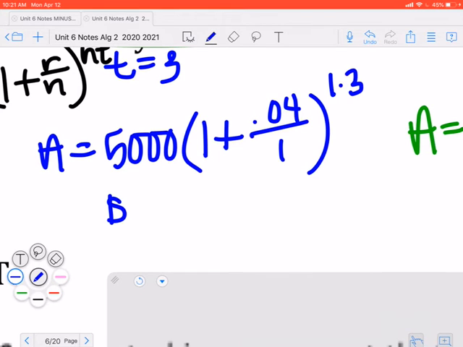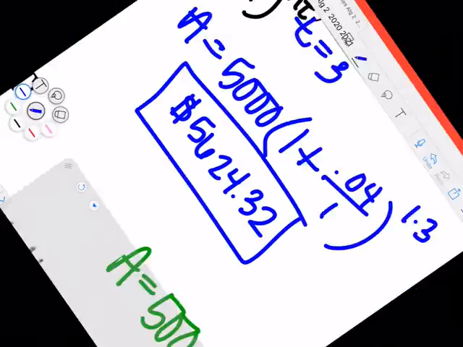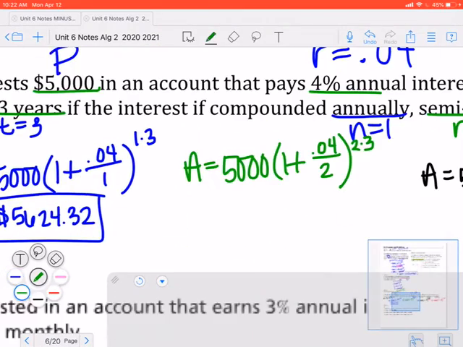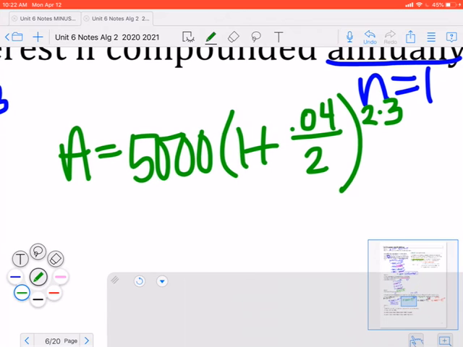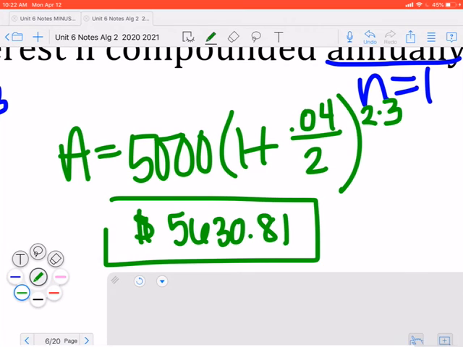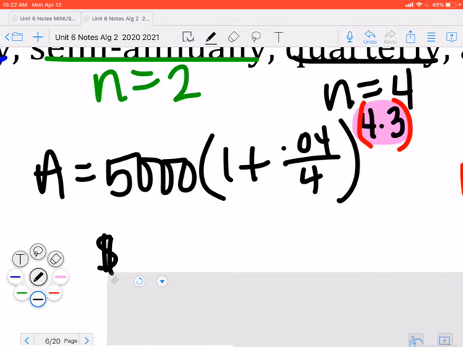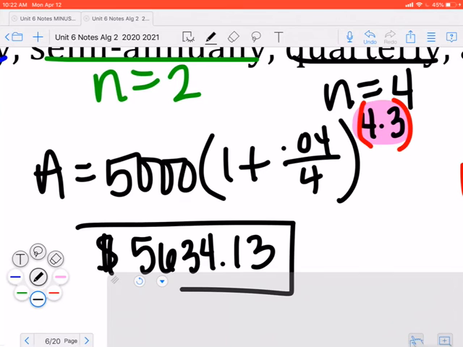So on this one, compounded annually, we get $5,624.32. And then when we are compounding semi-annually, $5,630.81. And then compounded quarterly, we get $5,634.13.